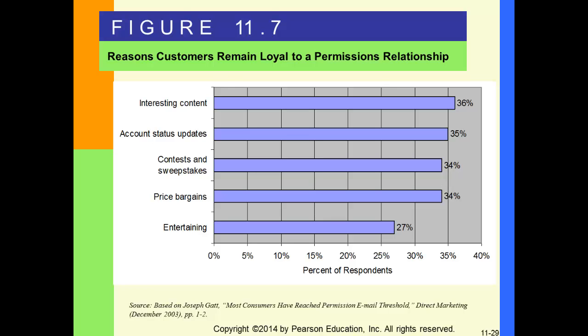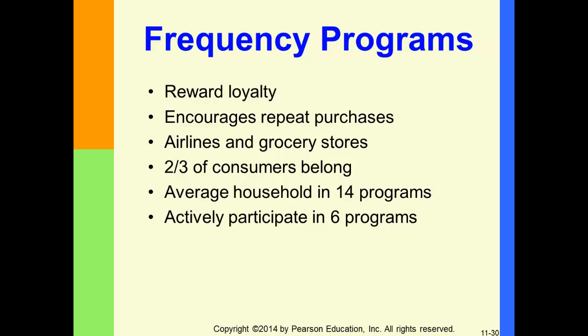When we look at a different way of analyzing the data, we can see that this graph shows reasons individuals remain in that program: because they receive valuable information. They get updates on their account. There are continual sweepstakes that are presented, price bargains are presented, or the emails that they're getting are entertaining.